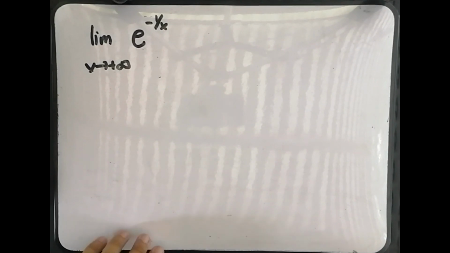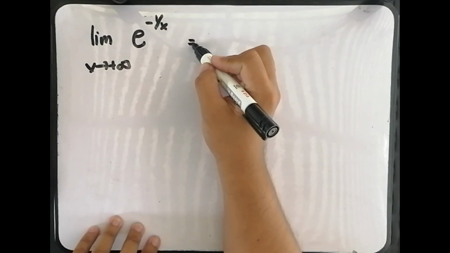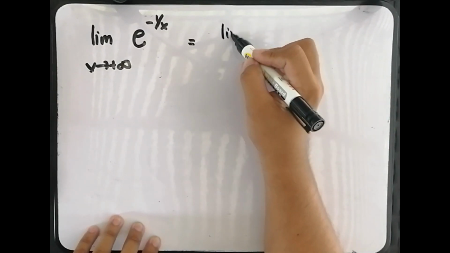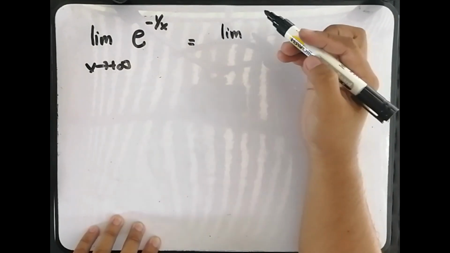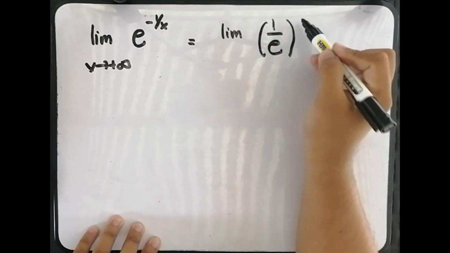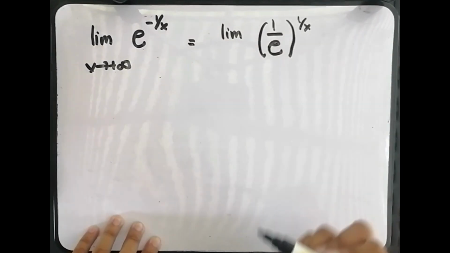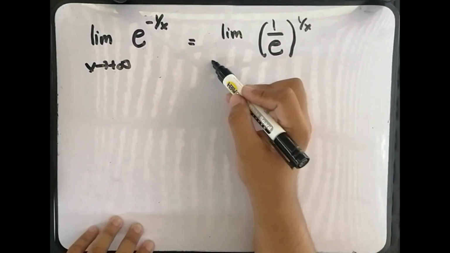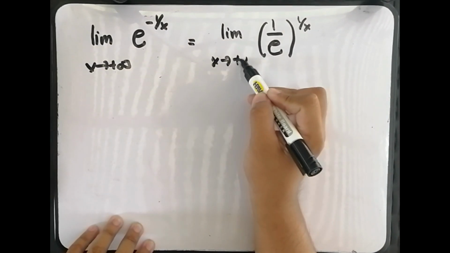Now, let's take a look at the limit of e raised to negative 1 over x as x approaches positive infinity. So we know that this is equal to the limit of, gawin nating positive. So, 1 over e raised to 1 over x. Okay? As x approaches positive infinity.